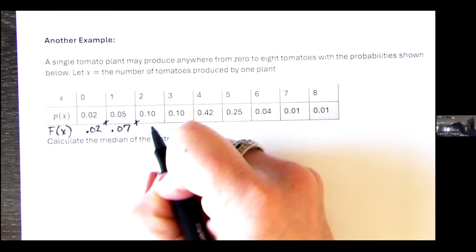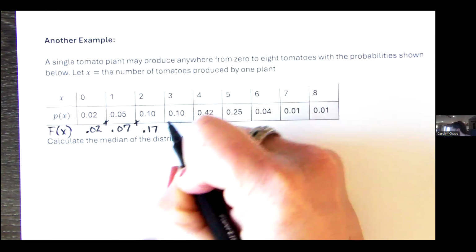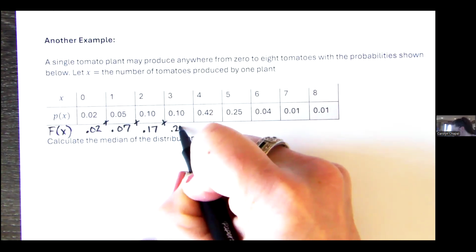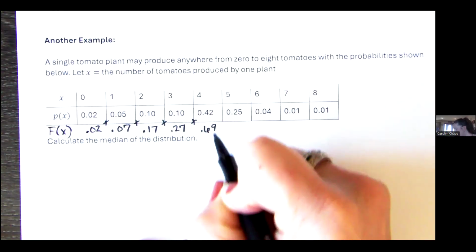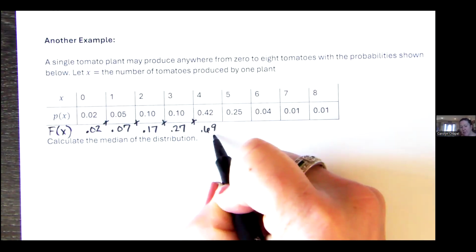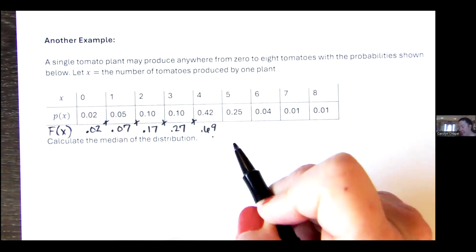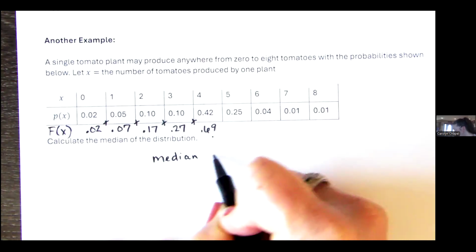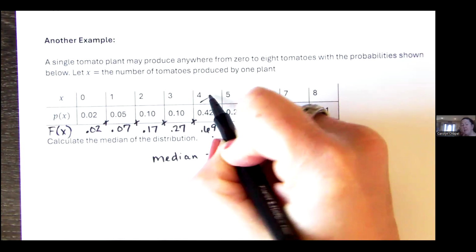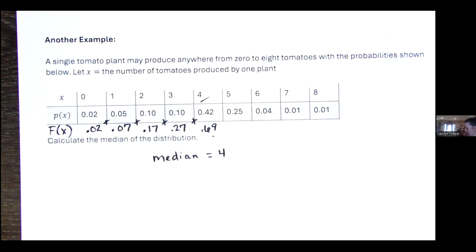We're adding on the 0.1, adding on the 0.1, and adding on the 0.42. And now notice I'm larger than 50%, so I can stop. So my median would be 4, as soon as I get to a value that is bigger than or equal to 0.5.